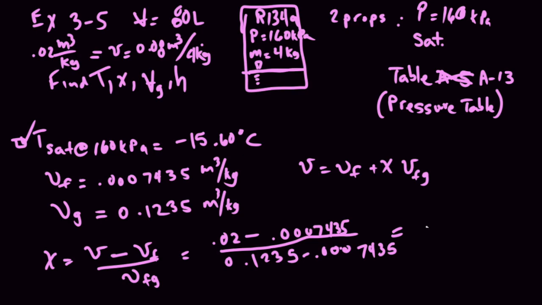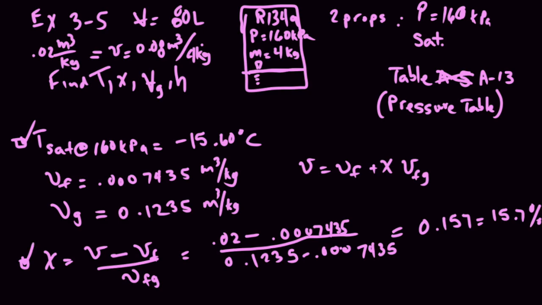Okay, so this is now equal to 0.157. So 15.7% is the quality, and that means that 15.7% of the mass of this tank is vapor. And now that we found X, we can check that off our list.